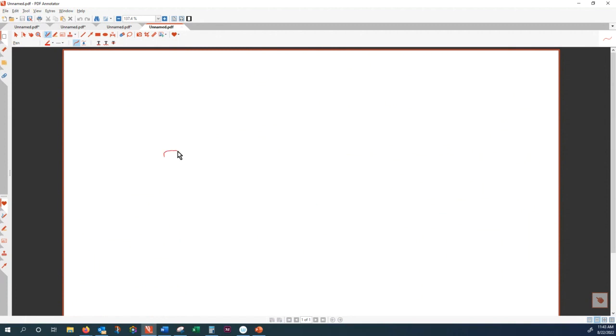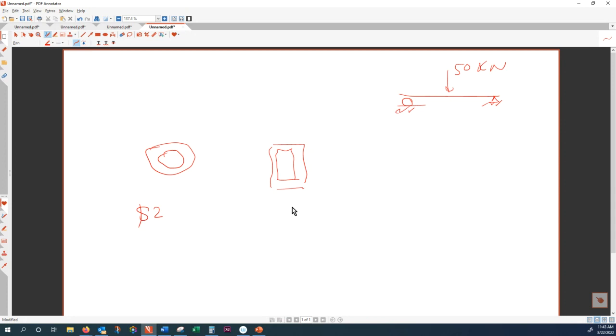I ask you, look, you have to choose between these two sections for the very same problem. So this is my problem. So this one is $2, that's the price. This one is maybe $1. So which one do you choose?